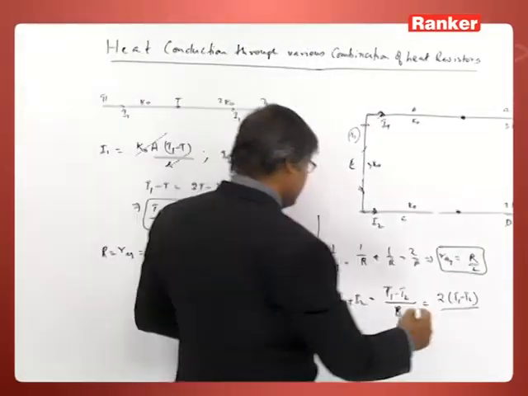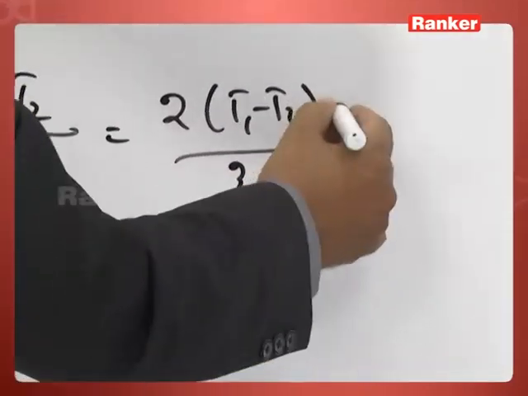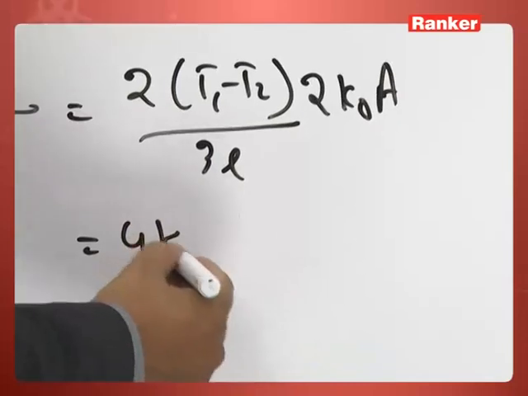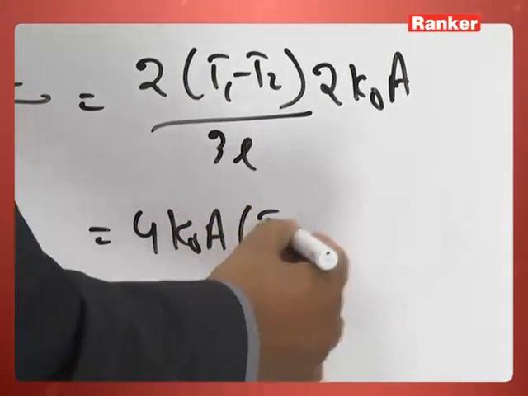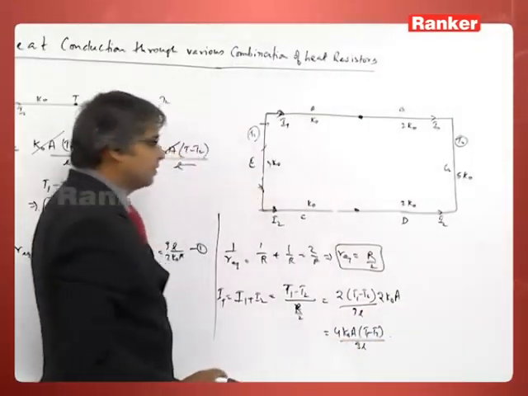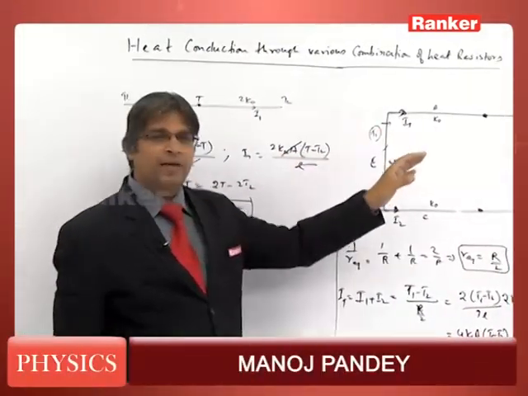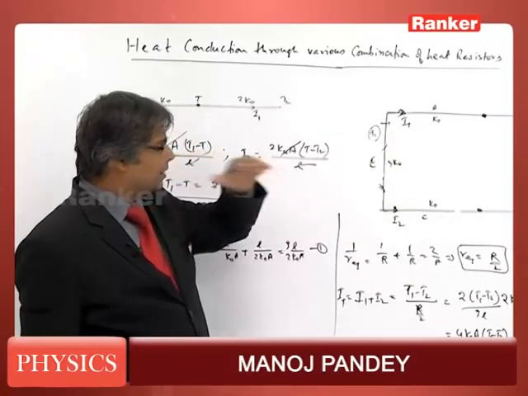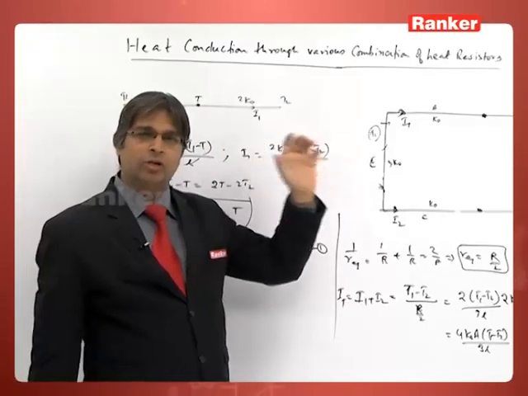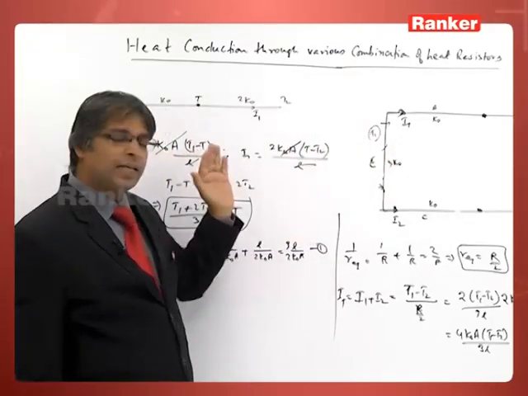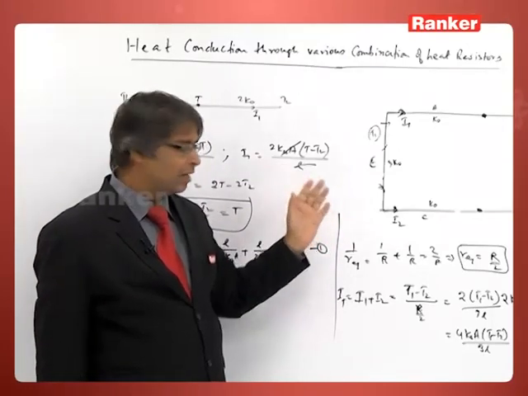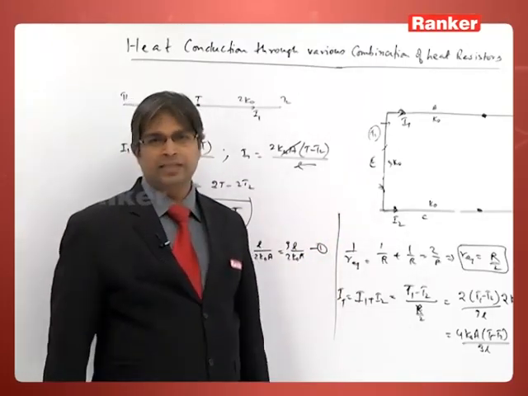R is 3L by 2 K naught A. So, that becomes 4 K naught A times T1 minus T2 by 3L. Thus we see that if we have a network of thermal conductors, then we can use our current electricity concepts to analyze, including the basic formulas of the Wheatstone bridge and all such series and parallel combinations, to get the desired result.